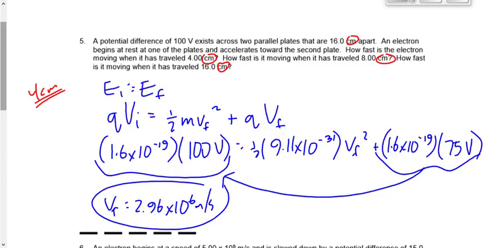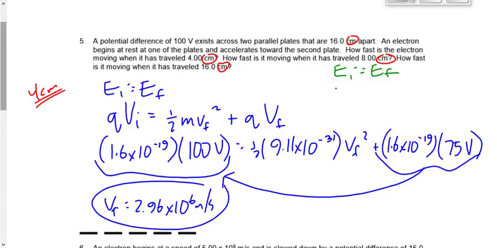Okay? Now, did anybody spot for this question just a little bit of a shortcut? Anybody do it a little bit differently? No? Well, remember I said just a few minutes ago in the last question, you can really define your 0 point wherever you want. We could have done that here. We could have said, for this one, EI is equal to EF.